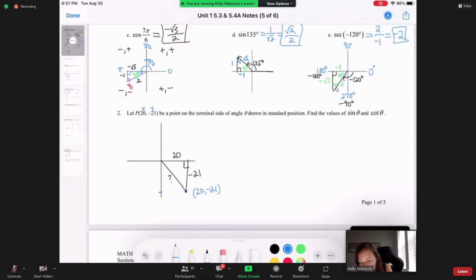And my angle, it says it's a point on the terminal side of the angle. So my angle could go this way, and it could be that, but it could also go backwards and be negative and be something like this, right?